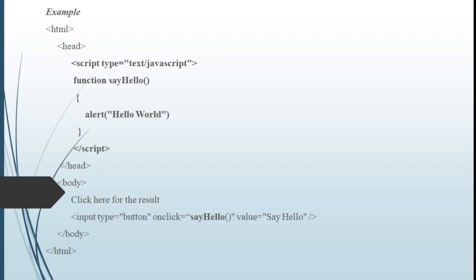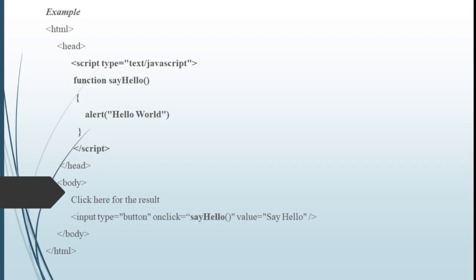The code is written in the script tag in the head section. On clicking, a function called sayHello is invoked. The sayHello function has an alert message, hello world, so it displays hello world.